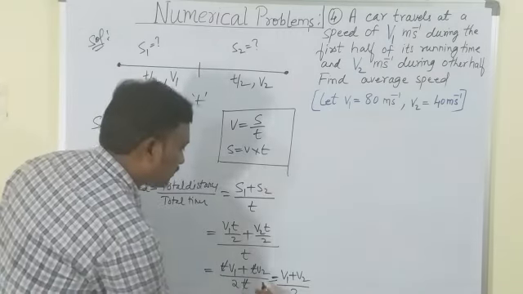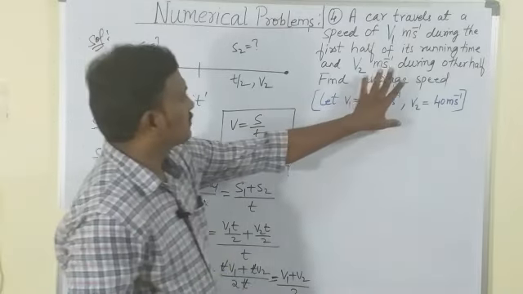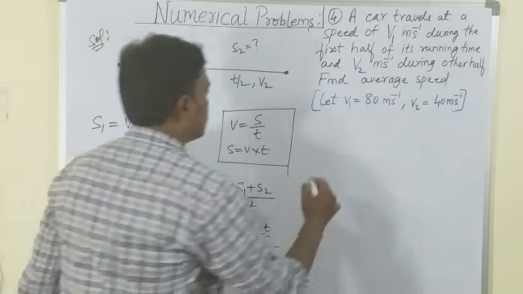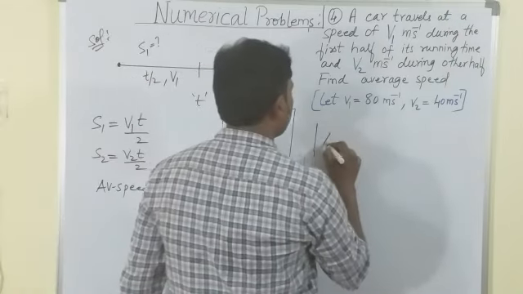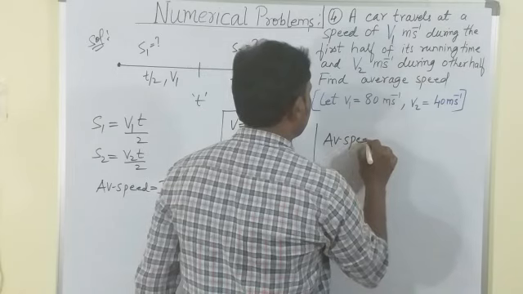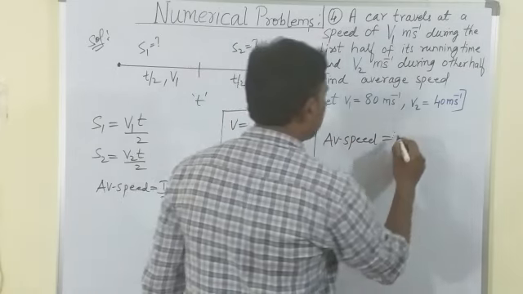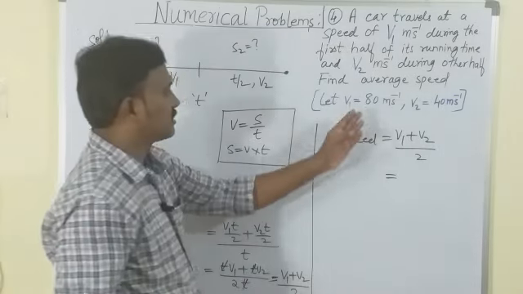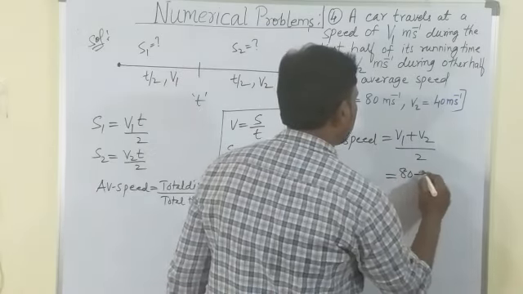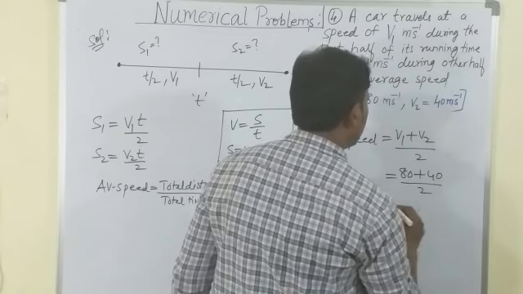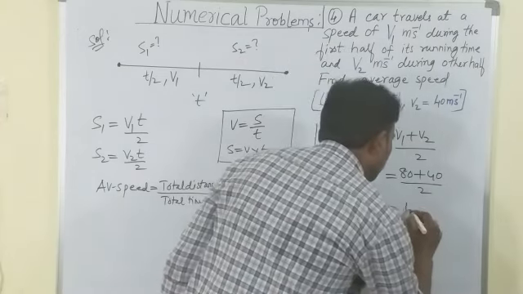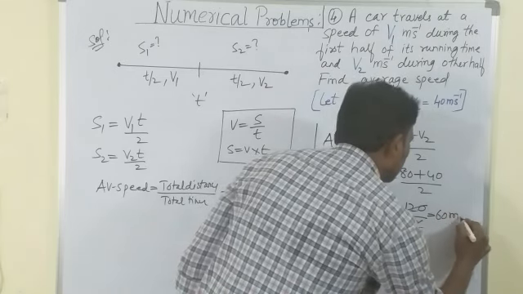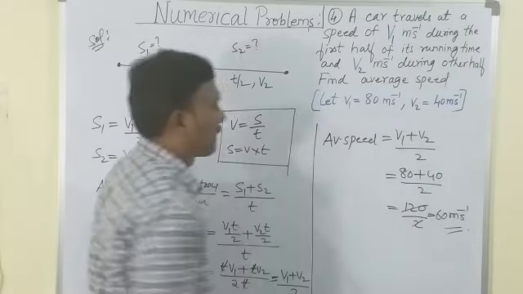So this is the formula in the case of a problem like this, that is, first half of its running time. Average speed, in this case, is v1 plus v2 by 2. The values are already given: 80 plus 40 by 2, that is 120 by 2, 60 meter per second.